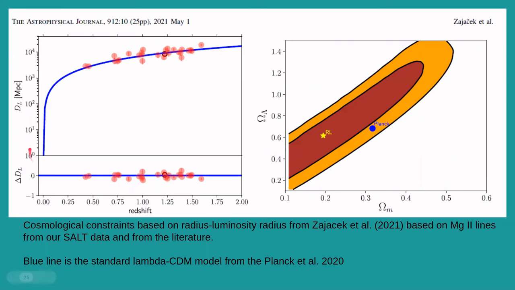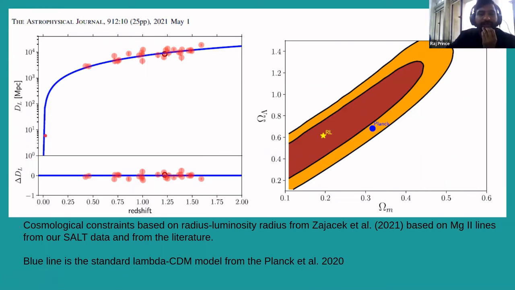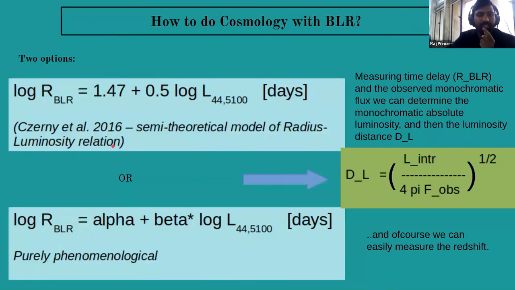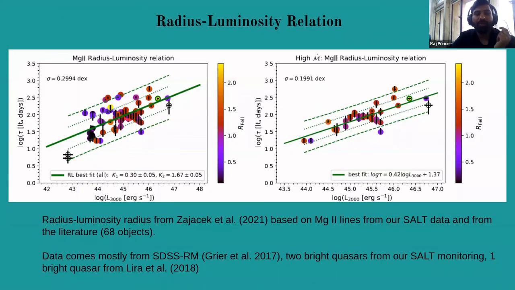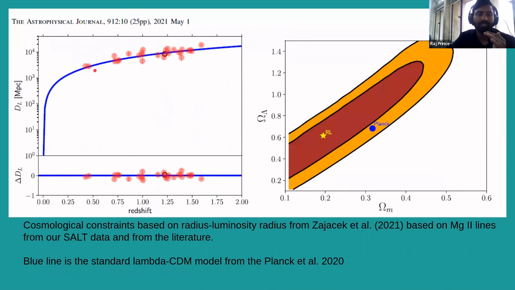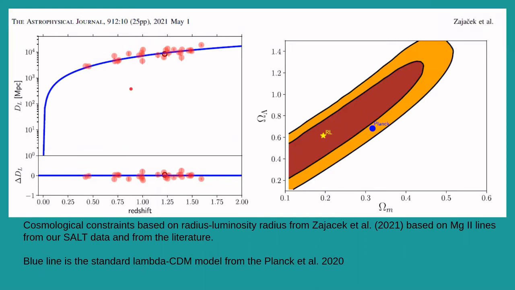Are they consistent with each other on this plot? Okay, here we have only one actually. We have these data points, and from the data points we fit this relation and estimate the best fit. So this is purely the data, not from a theoretical model. Oh, okay. So this is just the data, and from the data we estimate the luminosity distance, and this follows the standard lambda CDM. Okay, thanks.